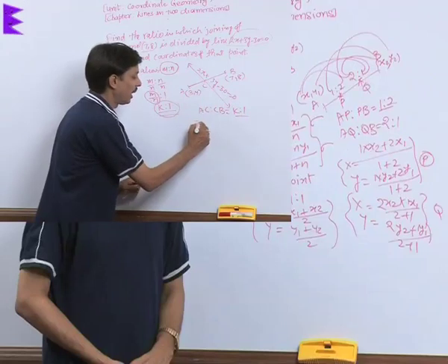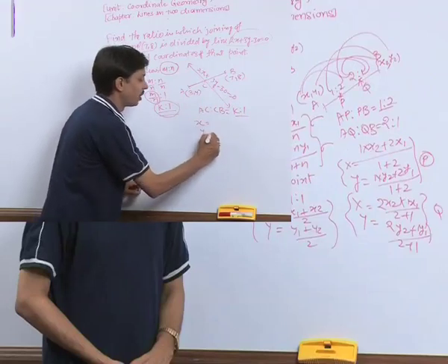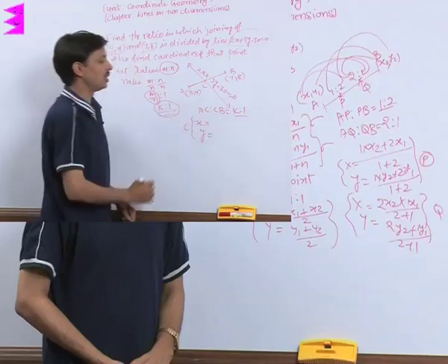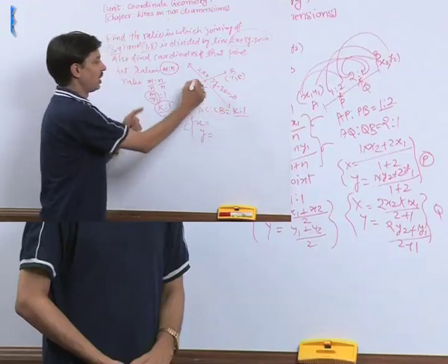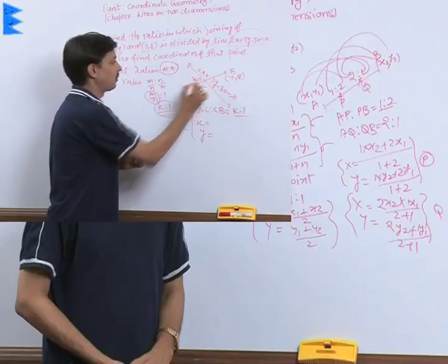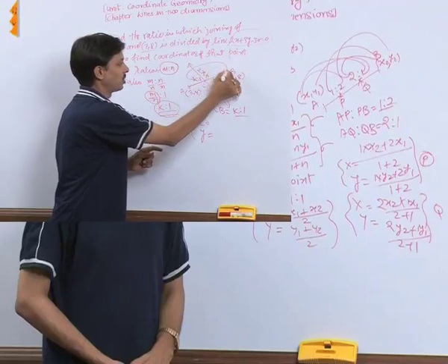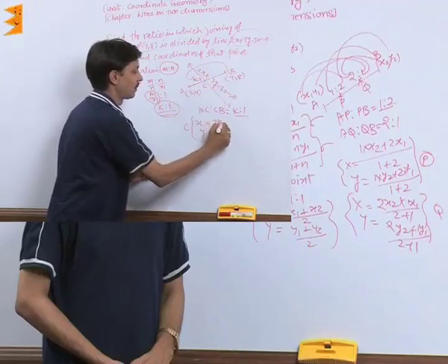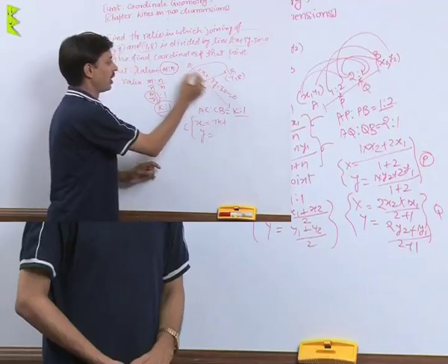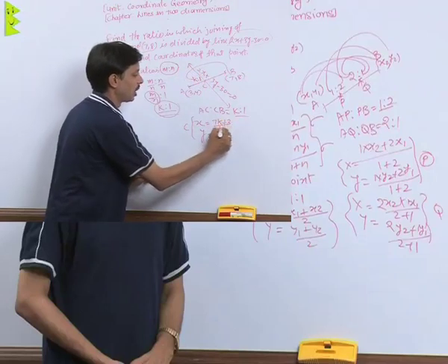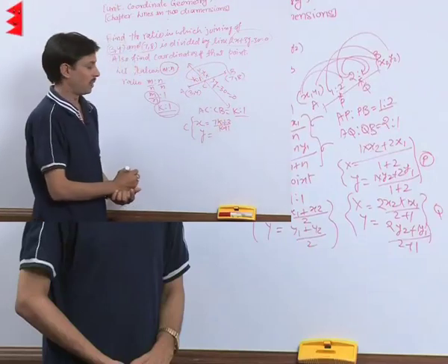So the value of x and y for coordinate C, if it is ratio k:1, then for x we have m x2, that is k into 7, that is 7k, plus 1 into 3, that is 3, upon m plus n, that is k plus 1.